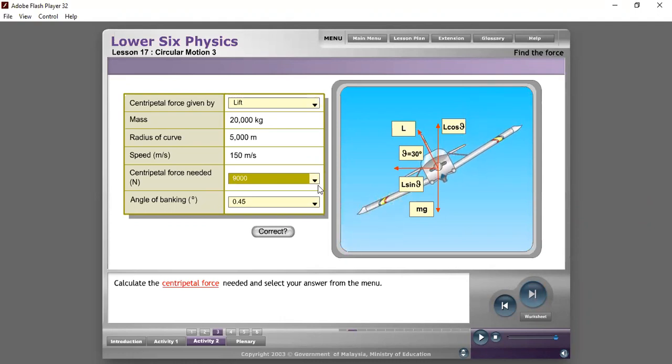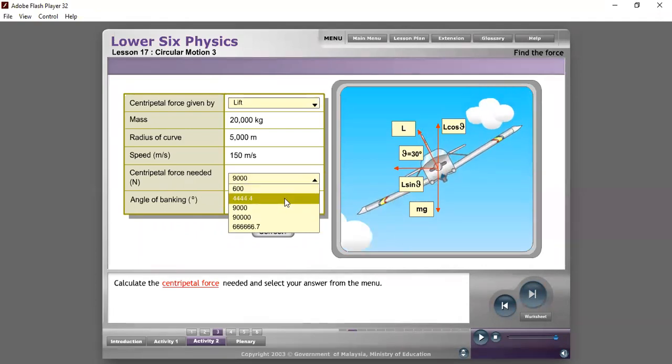So mv squared over r, without any angle, is 90,000. Then times the sin of the angle, it becomes 40500.